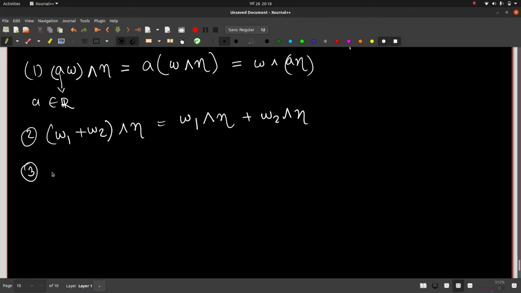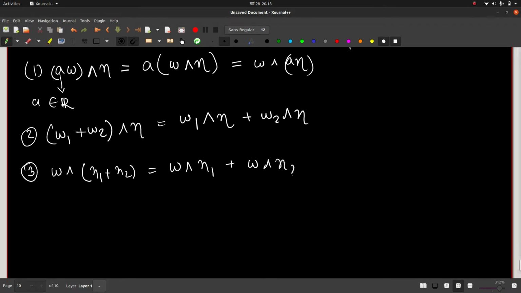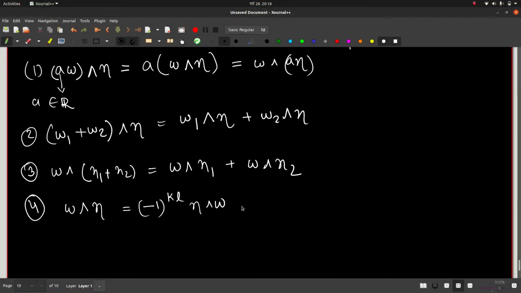The third property is that if you have omega wedged with eta 1 plus eta 2, this will give you omega wedged with eta 1 plus omega wedged with eta 2. And the fourth one is that omega wedged with eta is equal to minus 1 to the power k times L, eta wedged with omega.